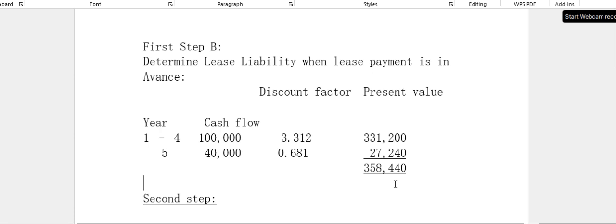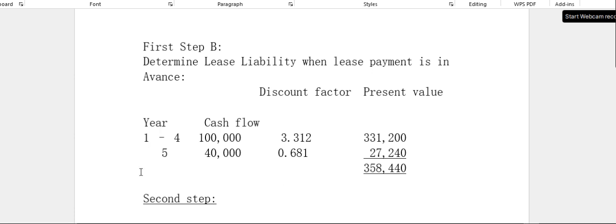Why I'm taking my time is this. You can be asked a question that the lease payment was made at the beginning of the year. They may not tell you it was made in advance. And they can tell you that the lease payment was made at the end of the year. If it is made at the beginning of the year, you will only consider the number of years that cash has not been paid to do your evaluation, to get your lease liability.